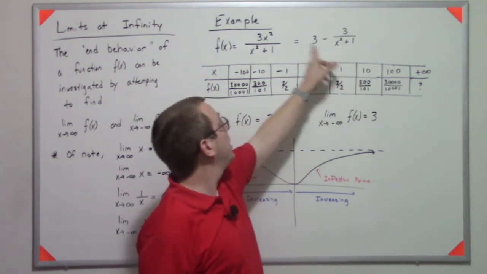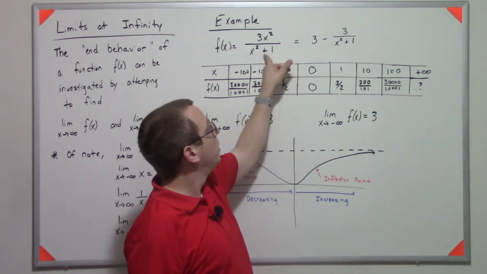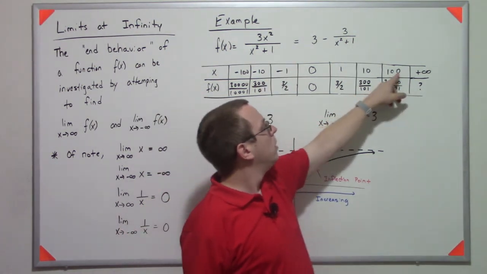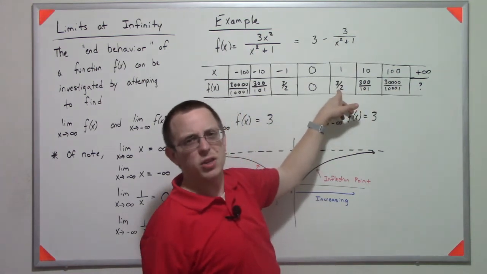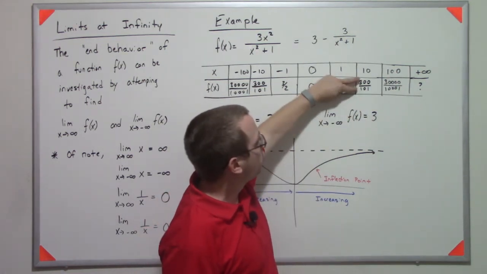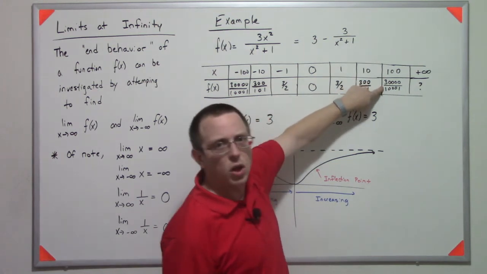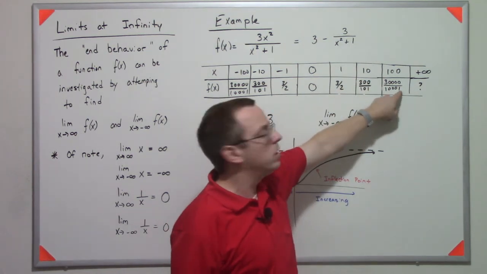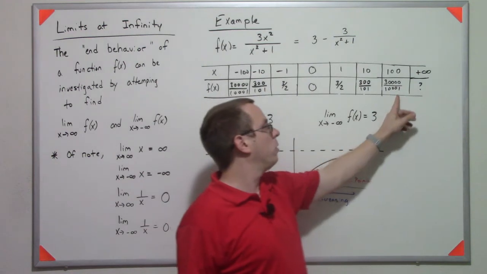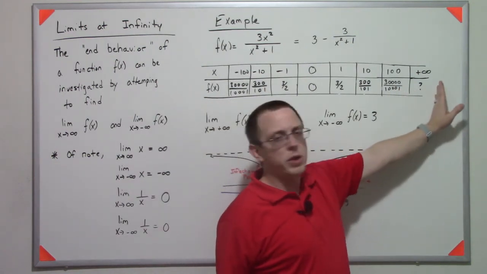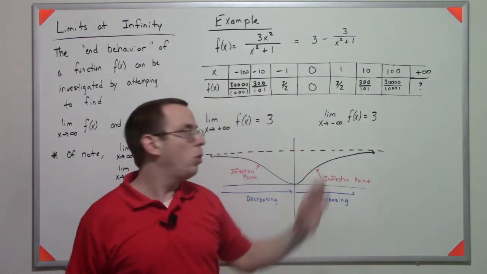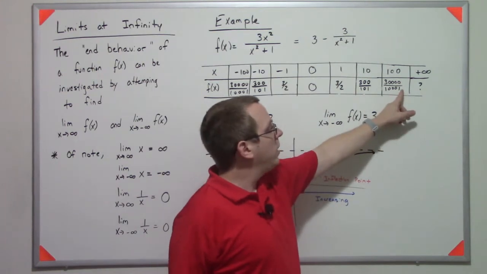If we plugged in a 10, we'd get 300 over 101. So this is 3 halves, like 1 1/2, but this is really close to 3. This is even closer to 3, right? That's just this little bitty remainder of 1 over here. But you find as we go towards positive infinity, you're always going to have that little tail 1.